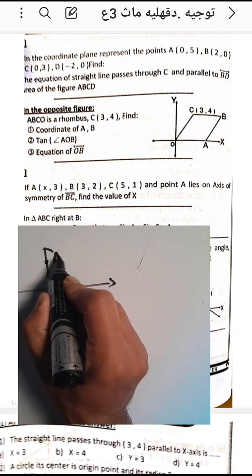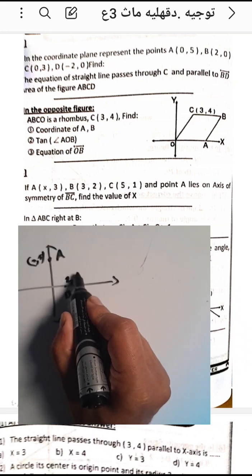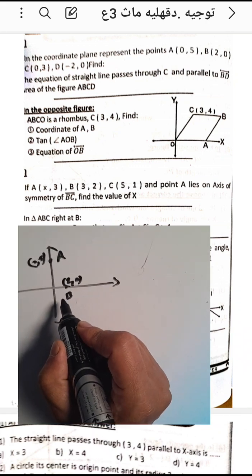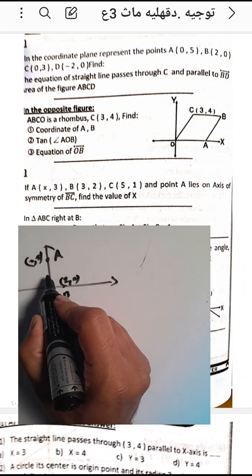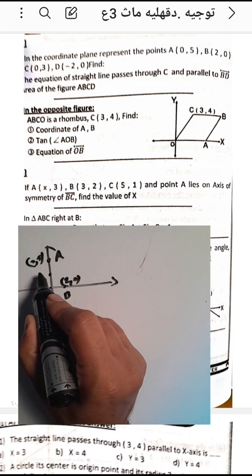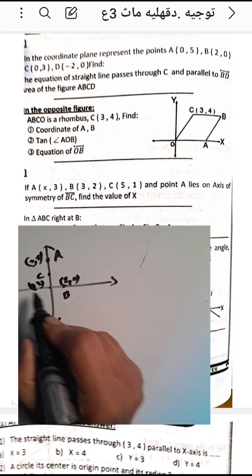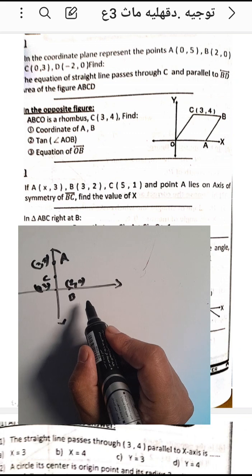Okay, we have the coordinates here. A is 0 and 5, B is 2 and 0, C is 0 and 3, D equals -2 and 0.